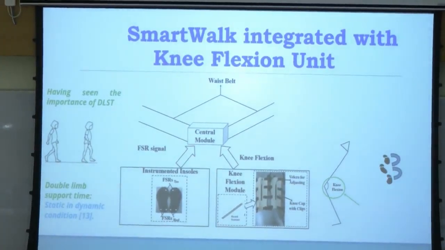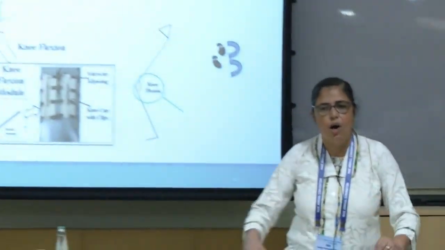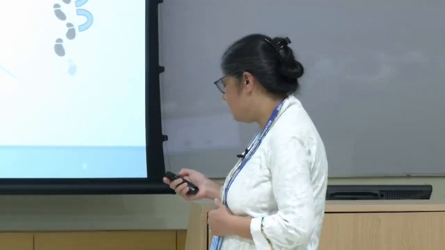That is where the person is hesitant to pick up the leg because the person can fall, which is when both feet are in contact with the ground. Or it can be step time, the time taken between 2 consecutive heel strikes of contralateral legs. These are very good indicators of one's freezing of gait.